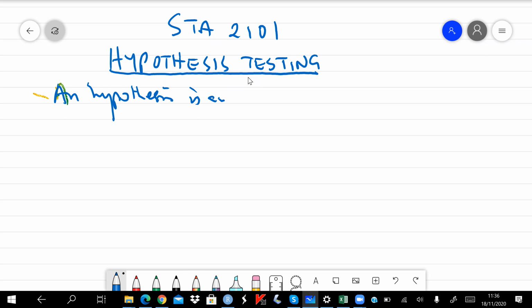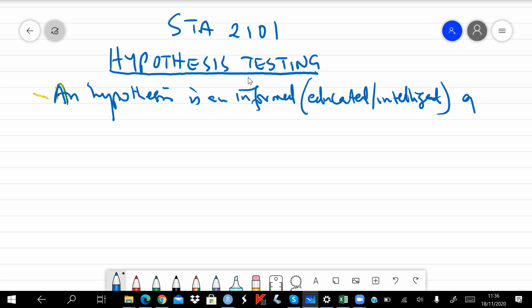is an informed, you can also say sometimes an educated or intelligent guess.